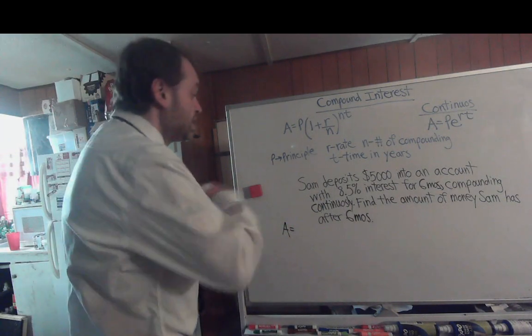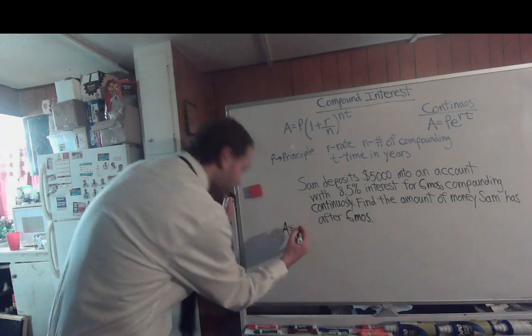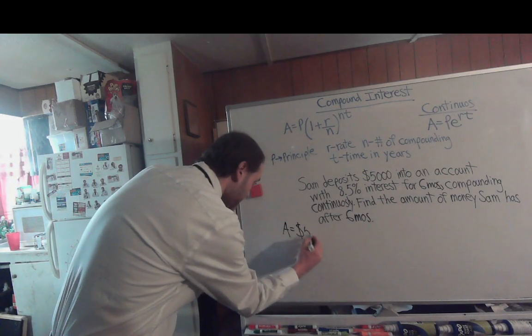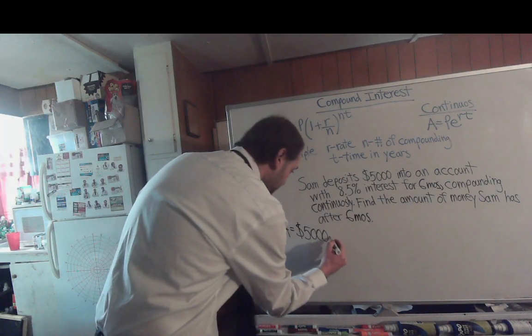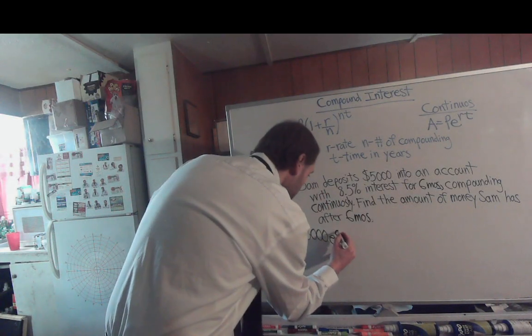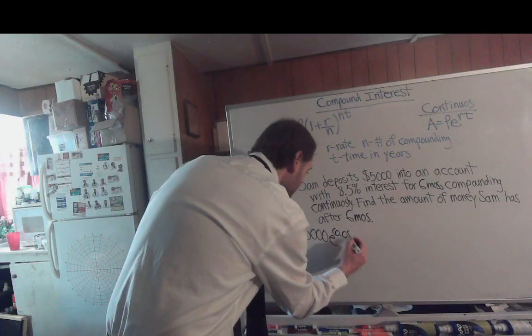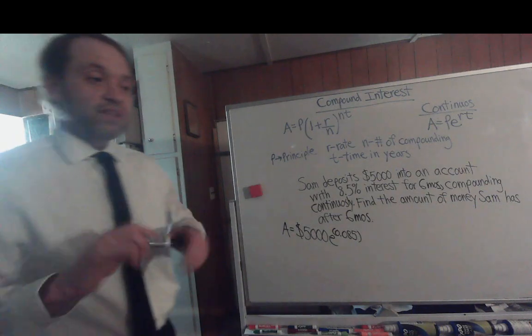So, again, your amount is your initial principal, which is $5,000, right? And then you have that e, and your rate, of course, is 0.085. Now, what's your time? The t is always in years.